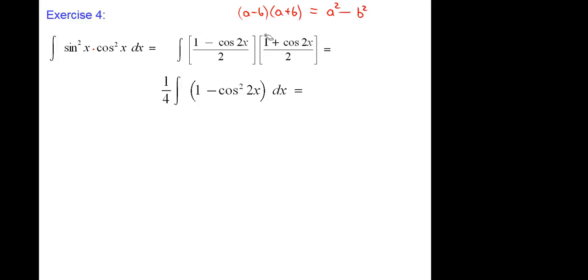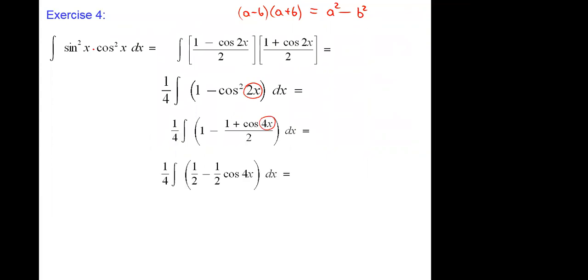That means 1 is the first quantity squared, 1. Cosine 2x squared is this, and minus. And again, I see square, I will use the half-angle formula for cosine square of 2x. If this is 2x, it's half of 4x.